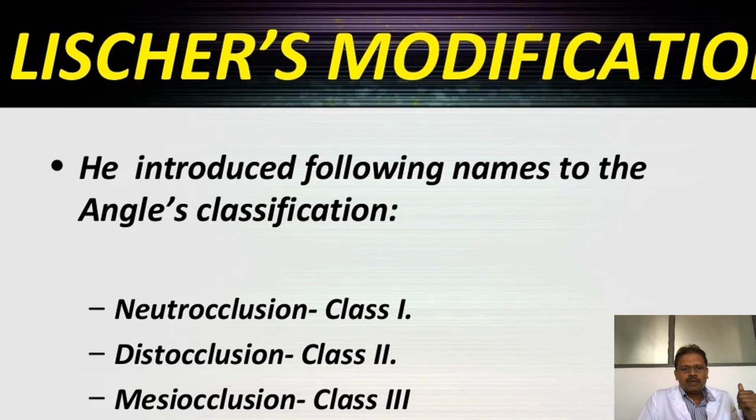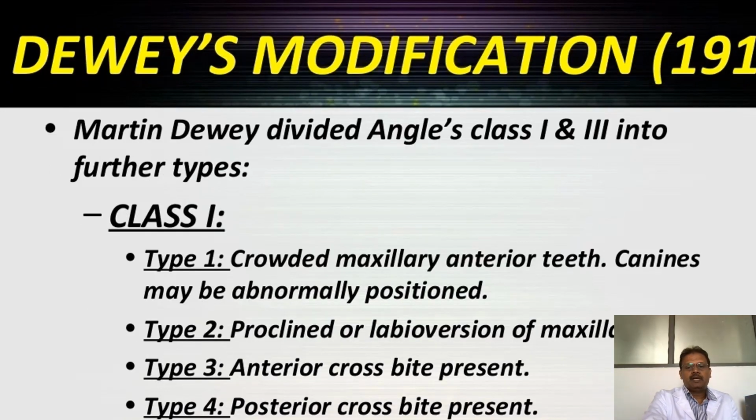Neutro-occlusion is what he assumed to be class 1, where the maxillary and mandibular relations are normal. Disto-occlusion is class 2, where the mandible is placed distal to the maxilla. And he called mesio-occlusion class 3, where the mandible is placed mesial to the maxillary arch. I hope it is clear.